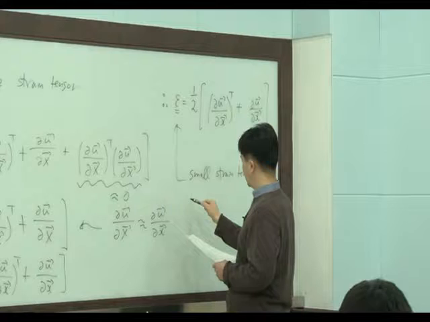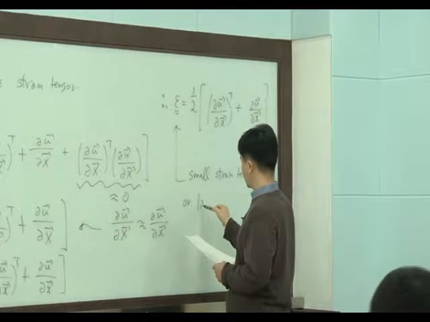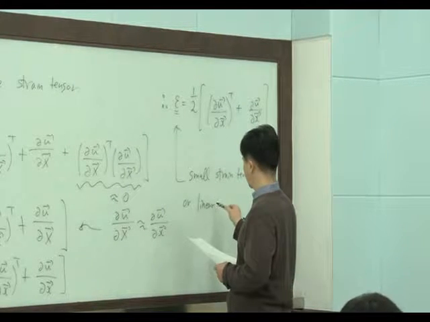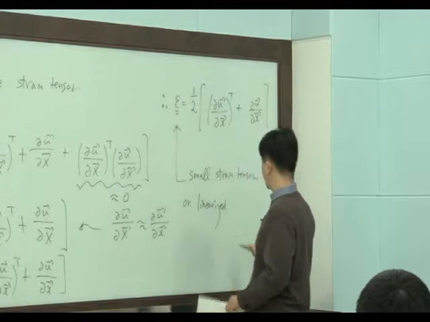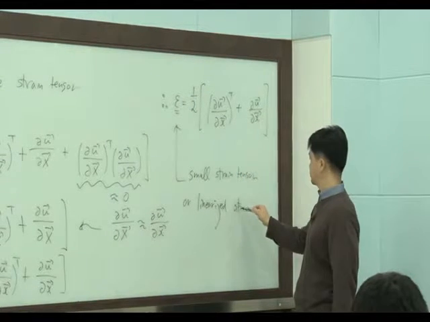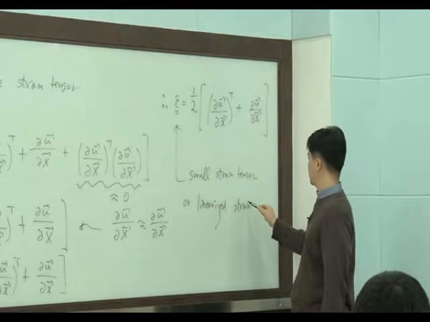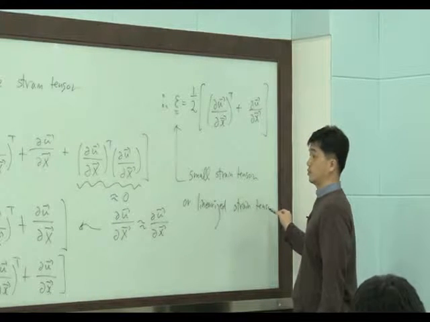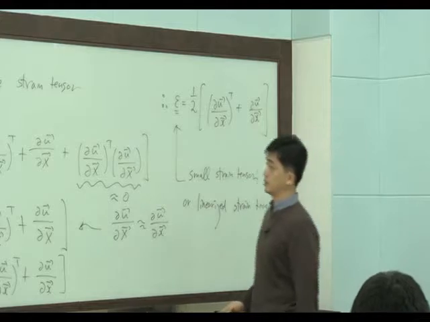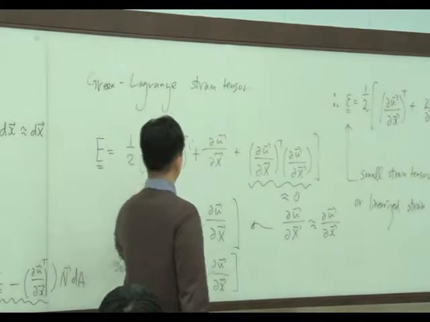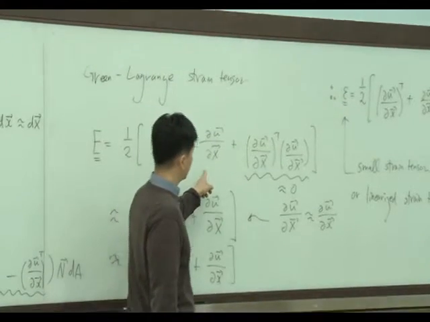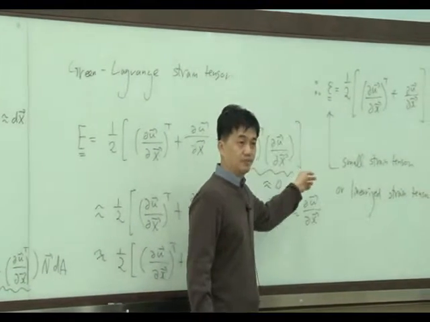Or linearized strain tensor, because we linearized the Green-Lagrange strain. This is a linear term, and this is a nonlinear term.